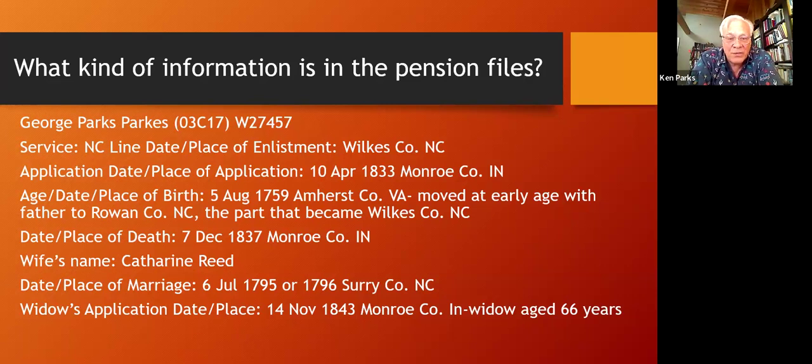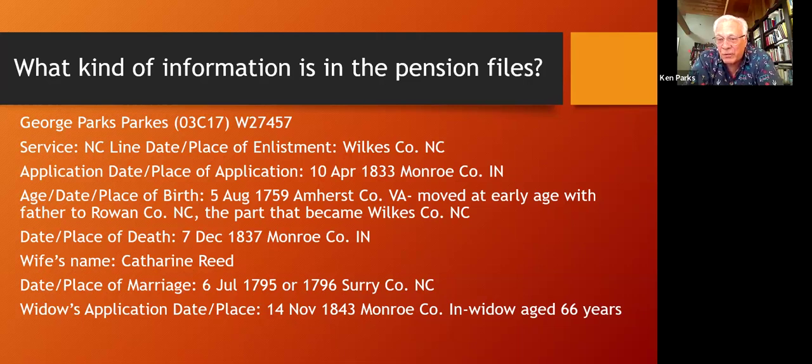But if you weren't aware of all that, or if you're just trying to glean anything to use in your research from that, what that would tell you too is that if you were trying to find records that his father may have created or been involved with in those early years when they moved from Virginia to what was then Rowan County, North Carolina, that you would be wanting to look in Rowan County for those records prior to the date that Wilkes County was formed out of Rowan County.